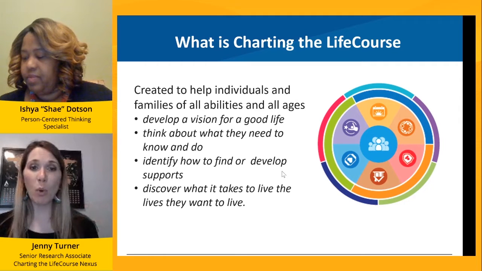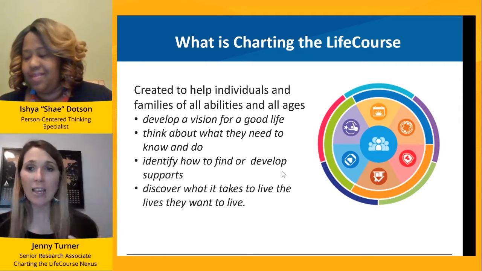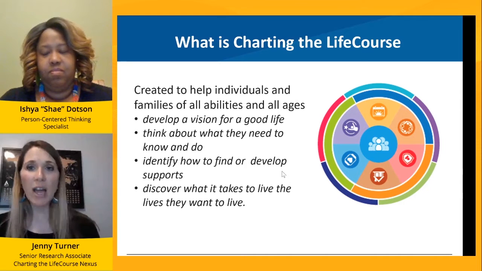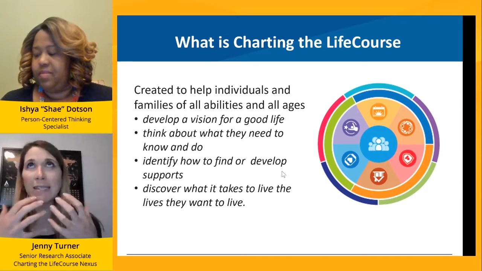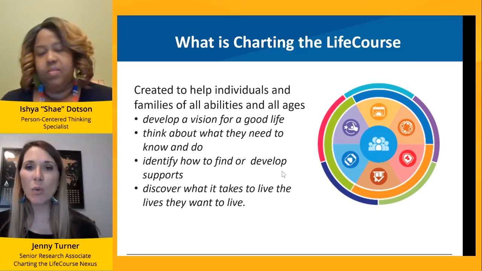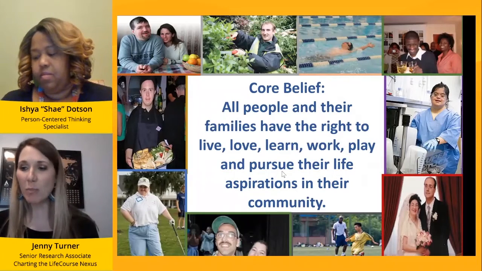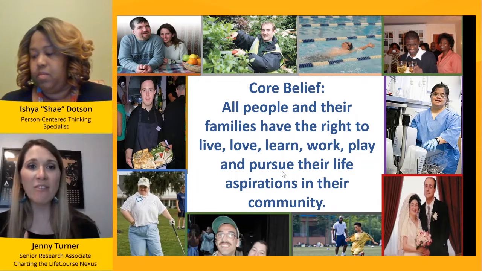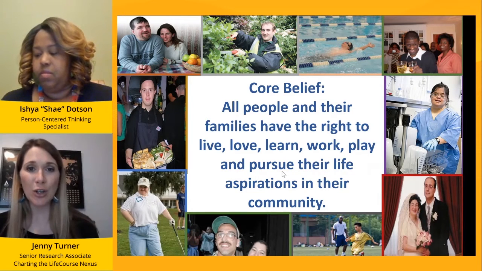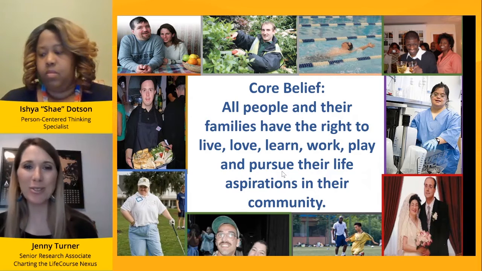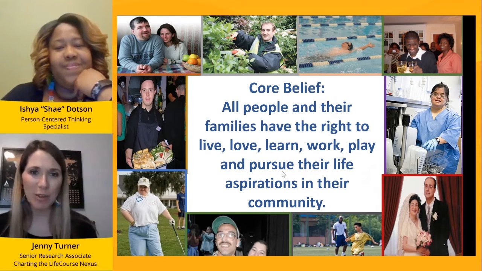What are the different types of supports that it might take to get there? What information do we need? All kinds of concepts to help us really reach our vision for this core belief that all people and their families have the right to live, love, learn, work, play, and pursue their life aspirations in their community.